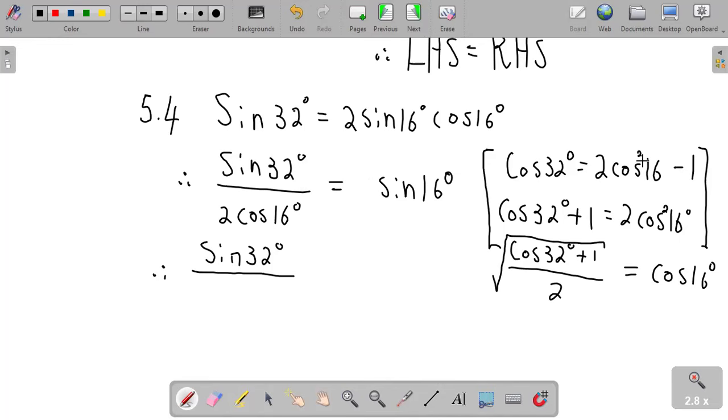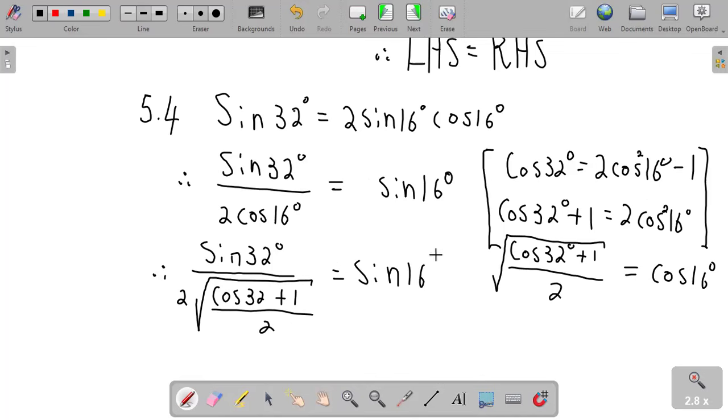We took out the square here, so cos 16 is the same as the square root of (cos 32 plus 1) over 2. So sine 32 divided by 2 times the square root of (cos 32 plus 1) over 2 equals sine 16 degrees.